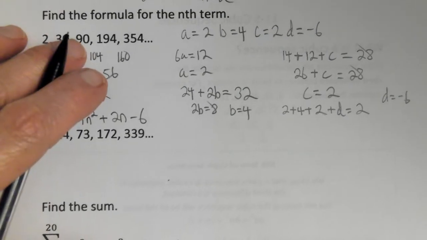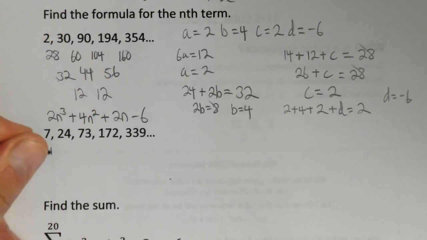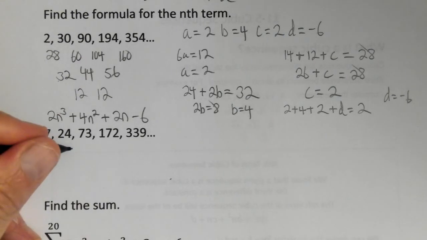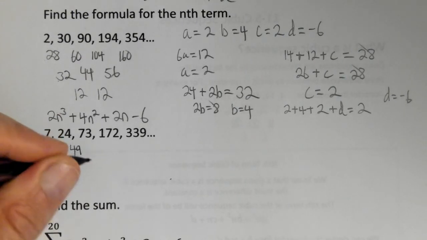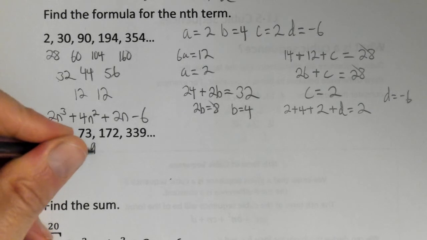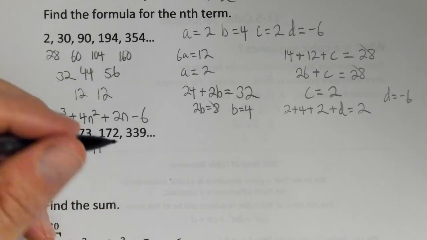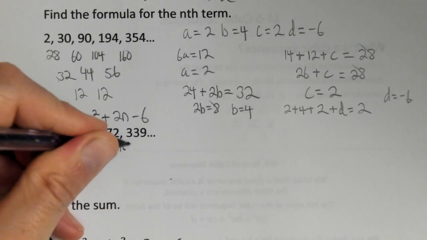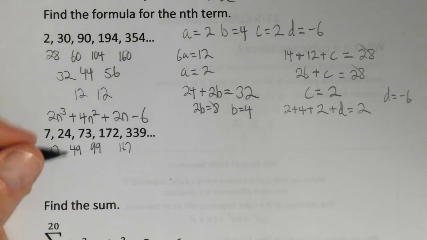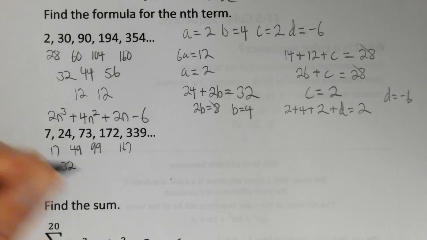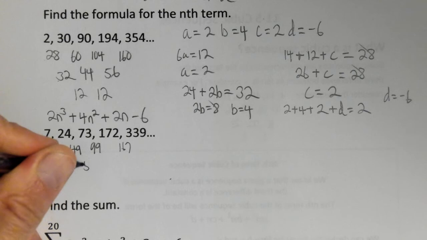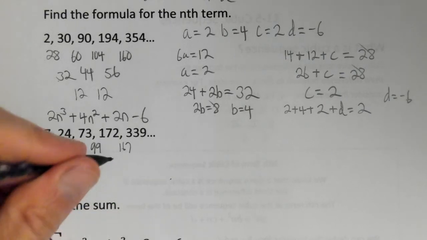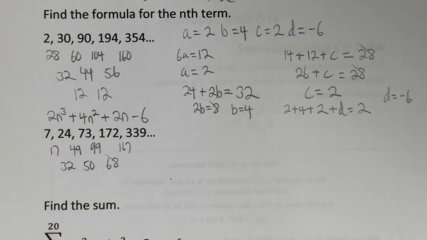So first of all, we need to identify what kind of a sequence we have. So it'll be 17, this will be 49, this will be 99, this will be 167, and we got 32 here, we got a 50 right here, and we got a 68 right here.